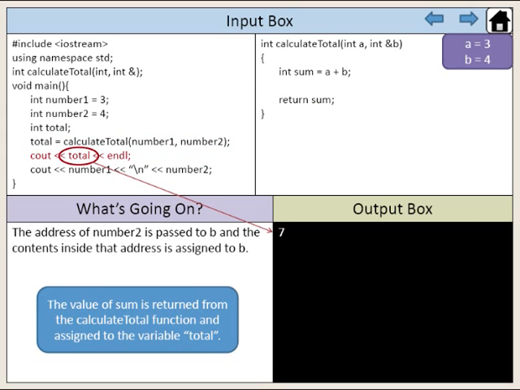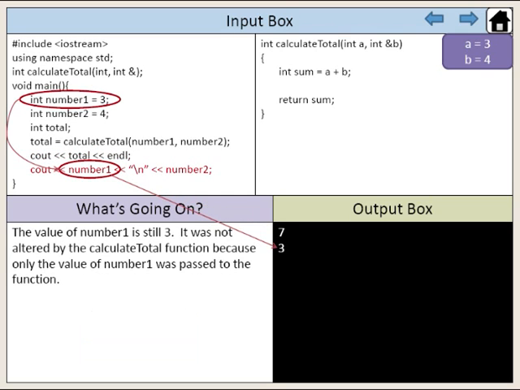The value of total is now 7. The value of number 1 is still 3. It was not altered by the calculate total function because only the value of number 1 was passed to the function.